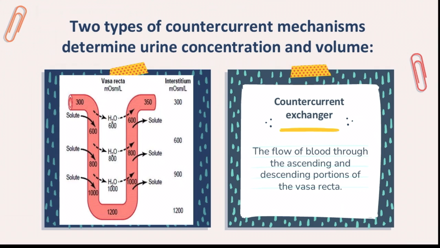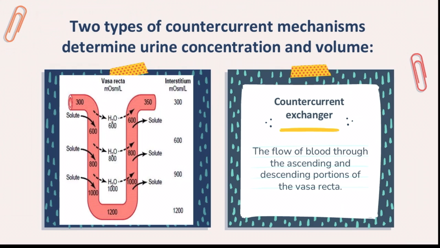Then the next one is the countercurrent exchanger. It is the flow of blood through the ascending and descending portion of the vasa recta. As you can see in this diagram, the blood from the efferent arteriole, this one going down, is entering the vasa recta.